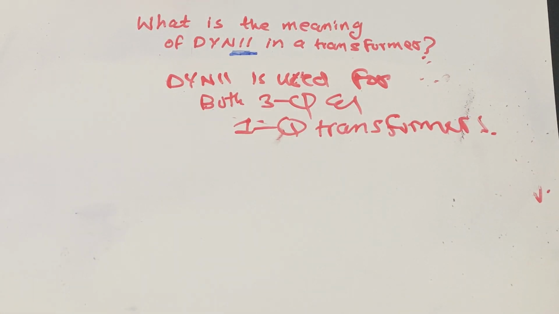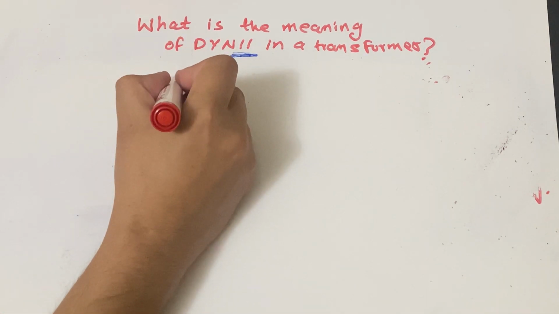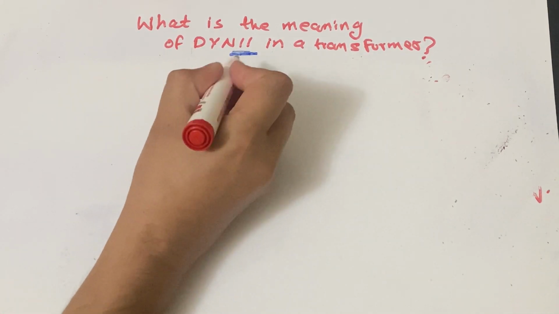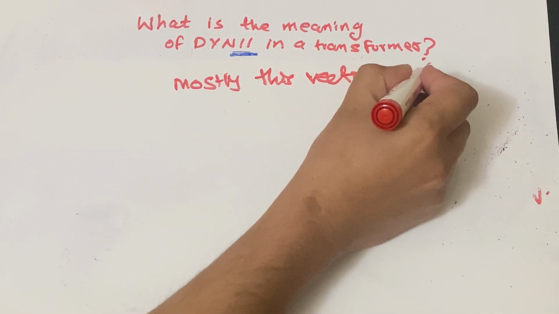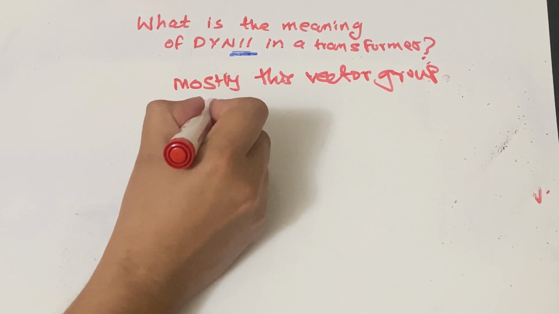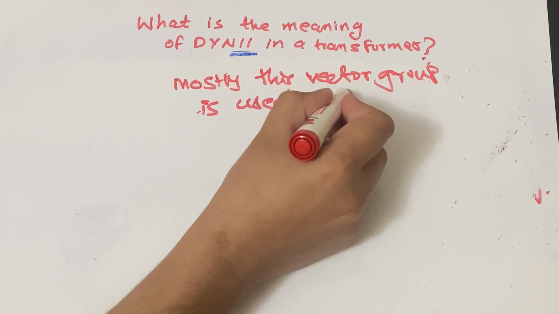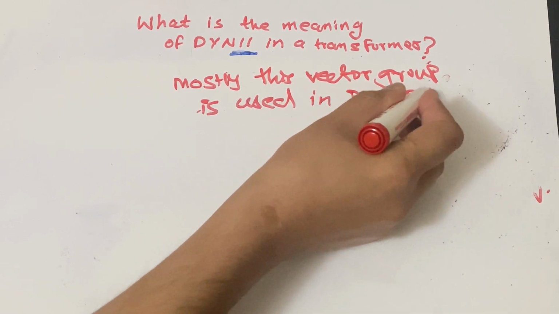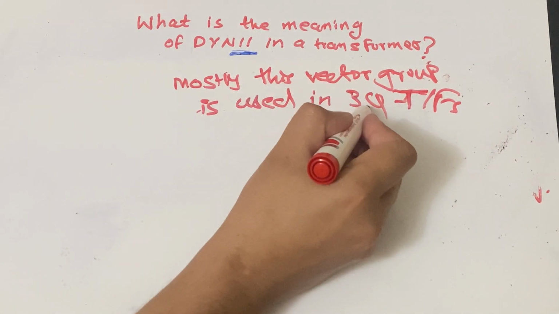So this vector group is used for three-phase as well as for single-phase. This is also an important point. Mostly this vector group is used in three-phase transformers.